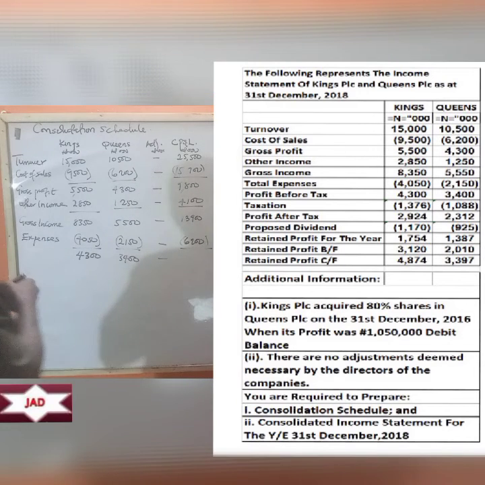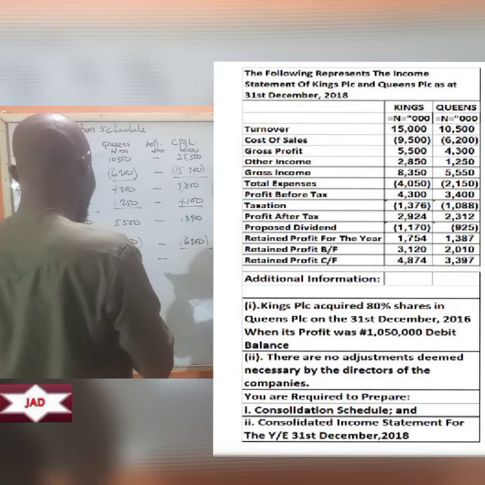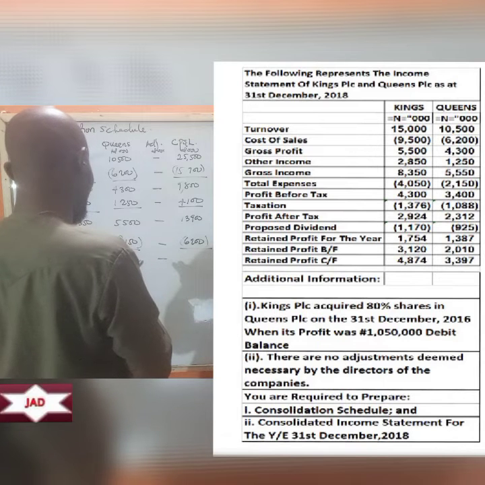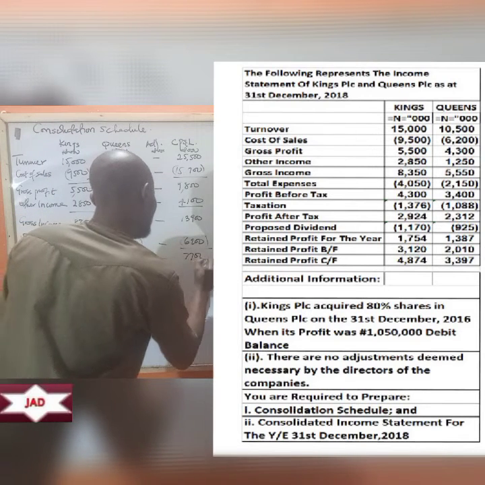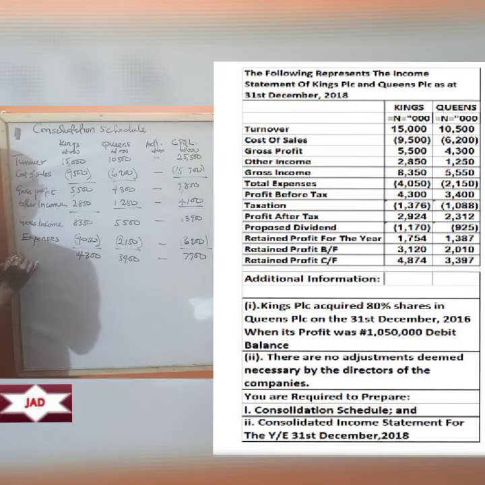So what do you have here? 13,900 minus 6,200. This is 7,700. So this is profit before tax, right?